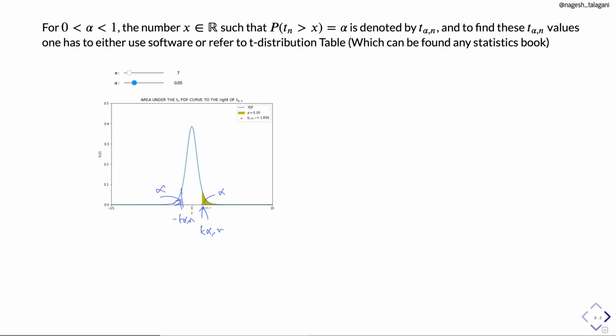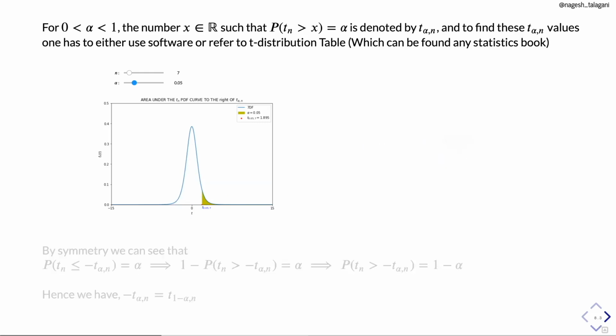So what should be the area under this PDF curve, right side of this minus t_{alpha,n}? This area must be equal to 1 minus alpha. So it's clear that t_{1 minus alpha, n} is the same as minus t_{alpha,n}. Let me show you that.